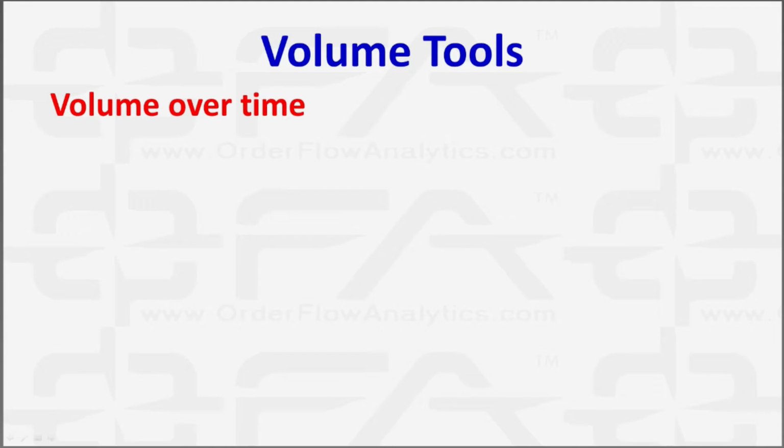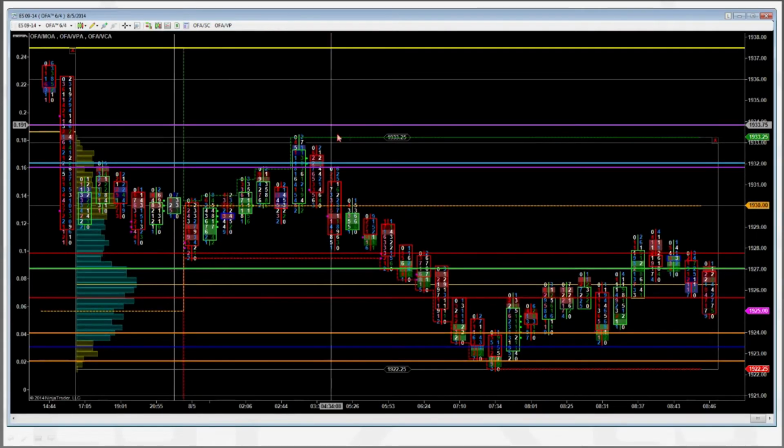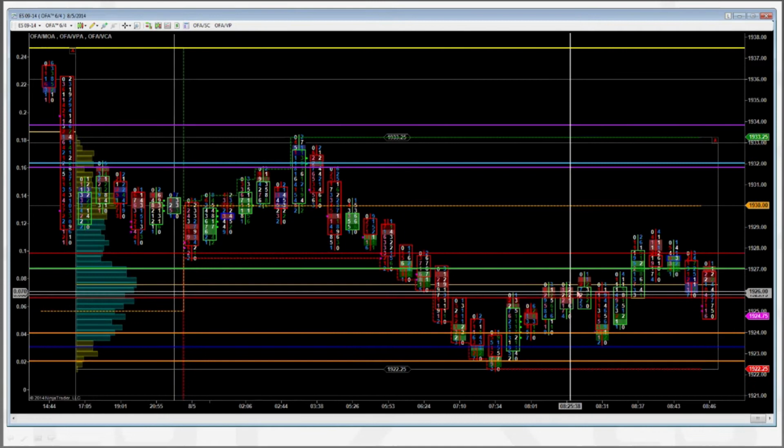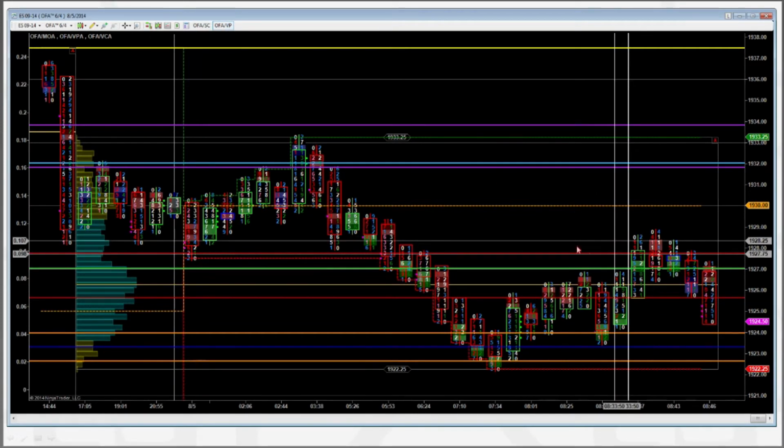So the other volume tool that I talked about yesterday and want to present is a very, very simple 1-minute volume chart. I'm going to show you why I want to do this. Now, I'm using a very small probe and rotation, and I'm going to create another volume profile.